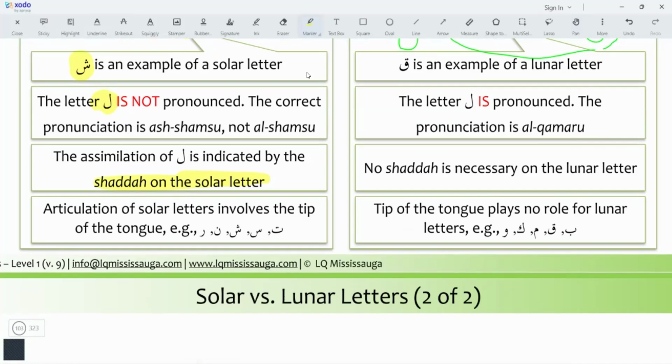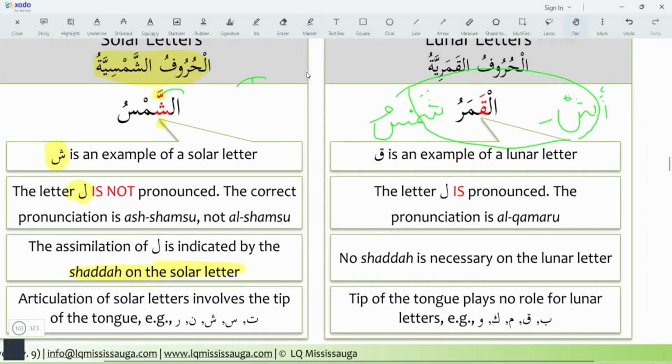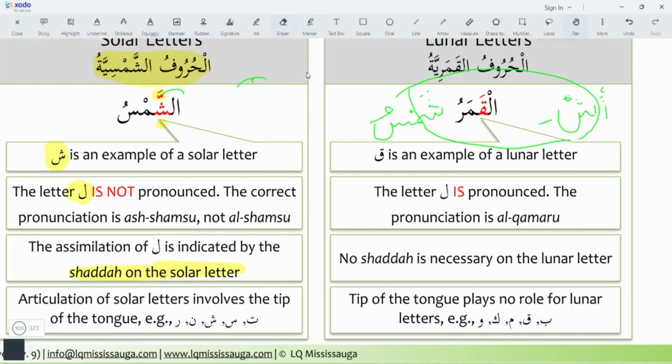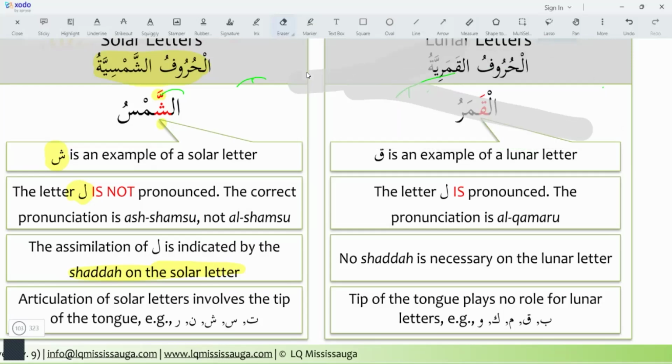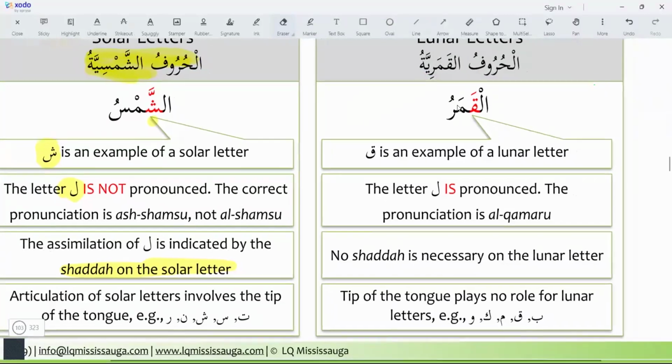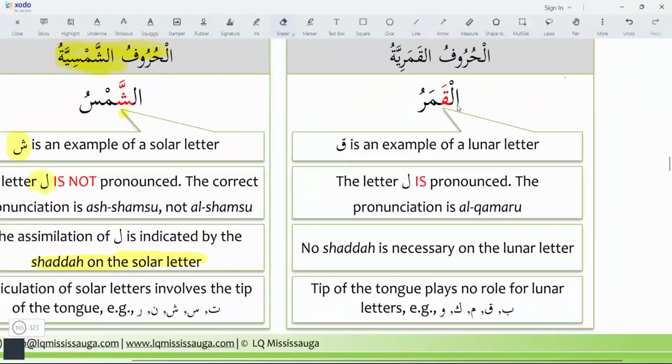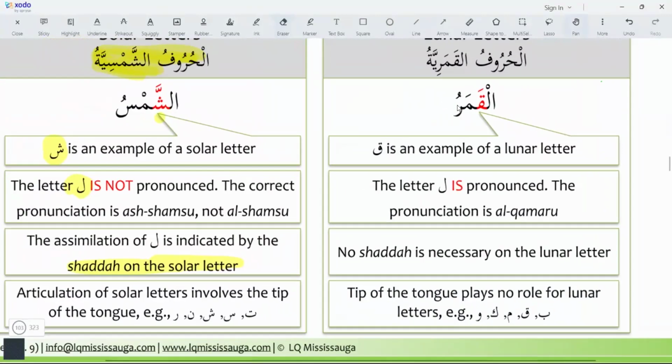And these are the articulation of solar letters, which involve the tip of the tongue. Okay. Then there are lunar letters. Lunar letters are al-haruful qamariya.